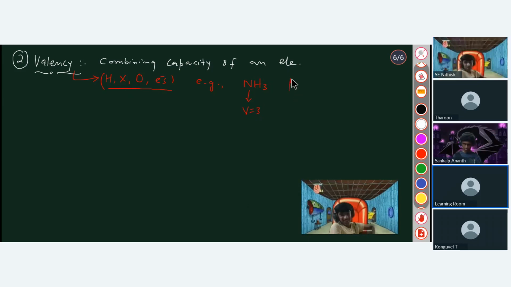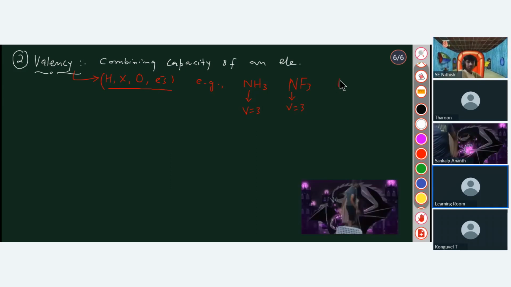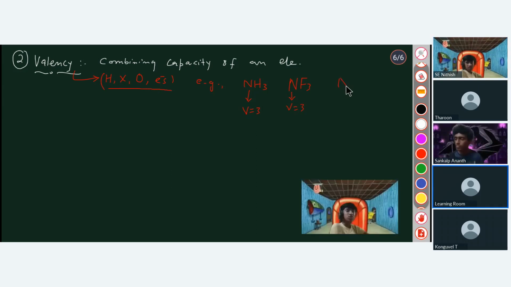Similarly, if I write NF3, what is the valency of nitrogen? It is again 3, because there are 3 fluorine atoms, halogen atoms. Similarly, if I write N2O3, what is the valency of nitrogen?